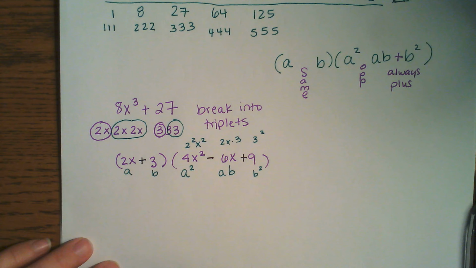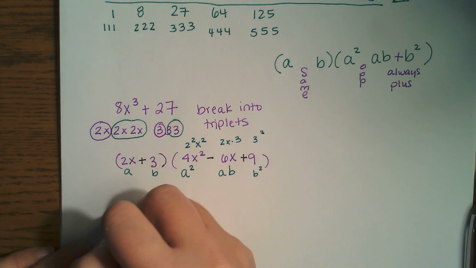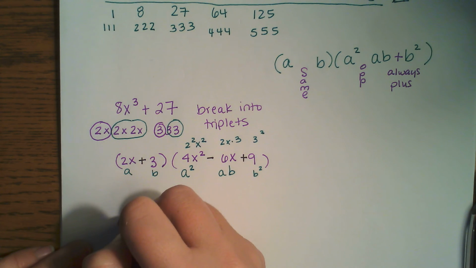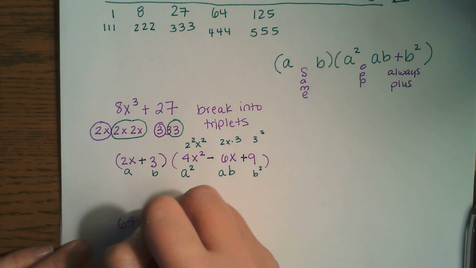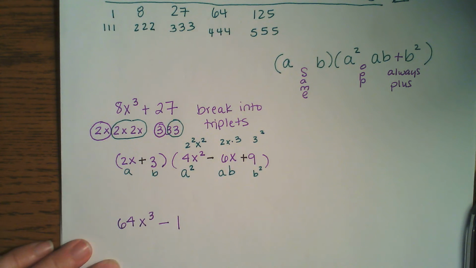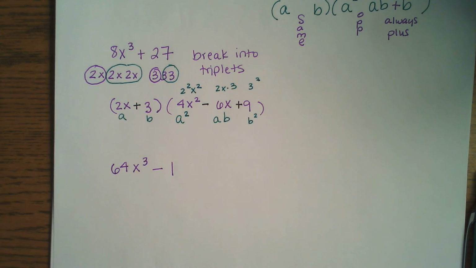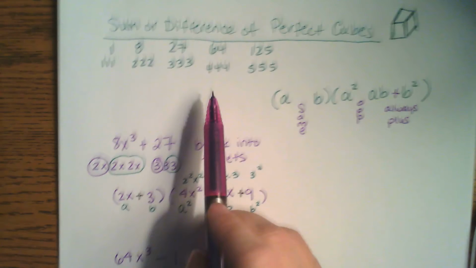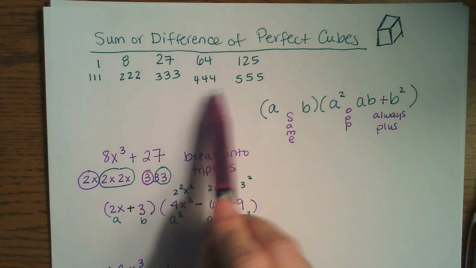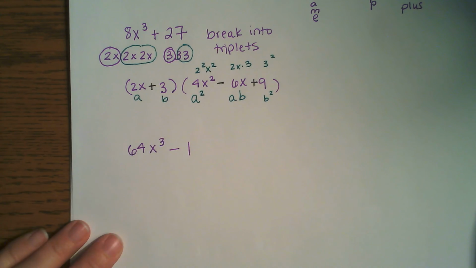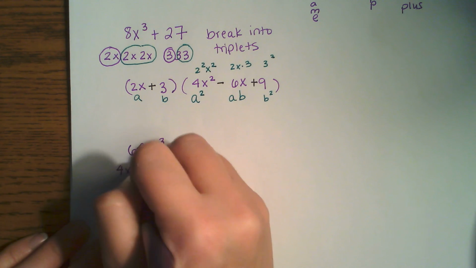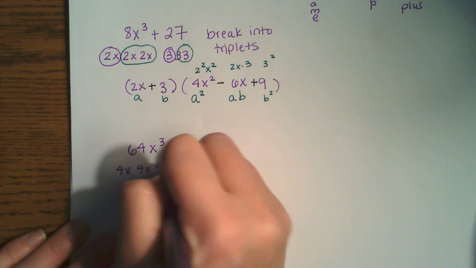Let's do 64x cubed minus 1. So 64 is 4 times 4 times 4. So I've got 4x, 4x, 4x.